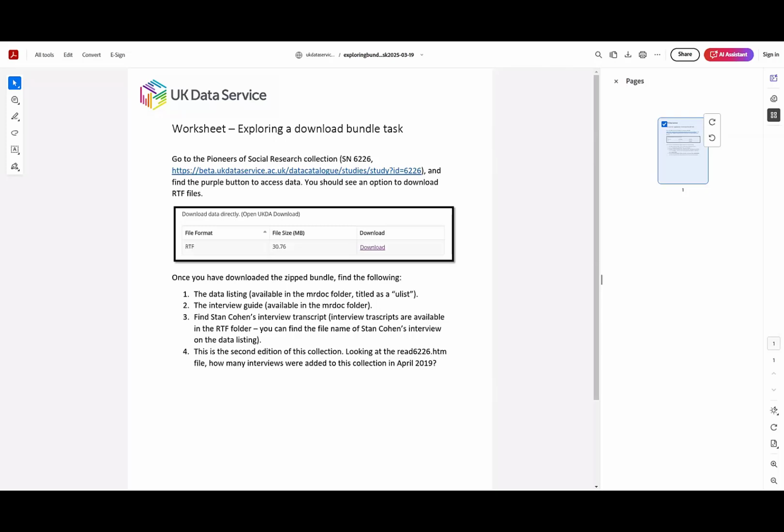But if you click on the link there, it'll take you to a catalog page for the Pioneers of Social Research collection. This was life histories of researchers and academics who, quote unquote, pioneered a particular method within the social sciences.